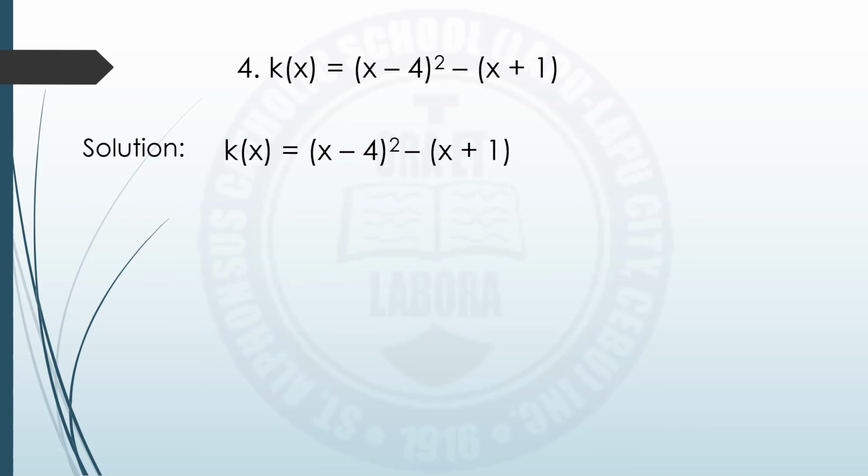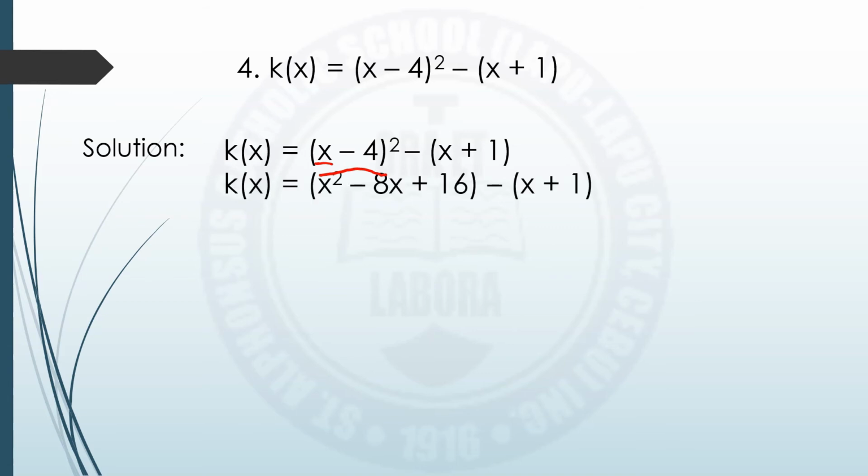Second, we are going to expand this term, x minus 4 raised to 2, using the concept of the square of the binomial. First is to square the first term, and the answer would be x squared.